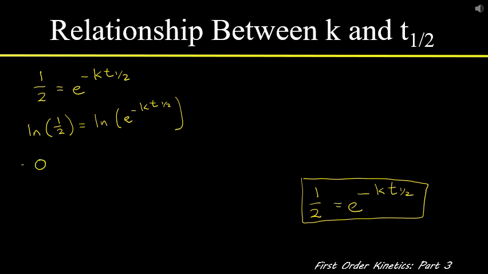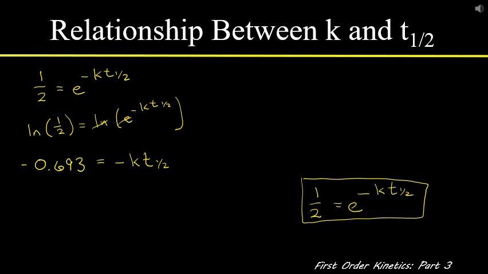And since this is a fraction, the log is negative. The log of 1/2 is negative 0.693. And on the right-hand side, the natural log and the e basically cancel each other out. Right, so we get negative 0.693 equals negative k times the half-life.